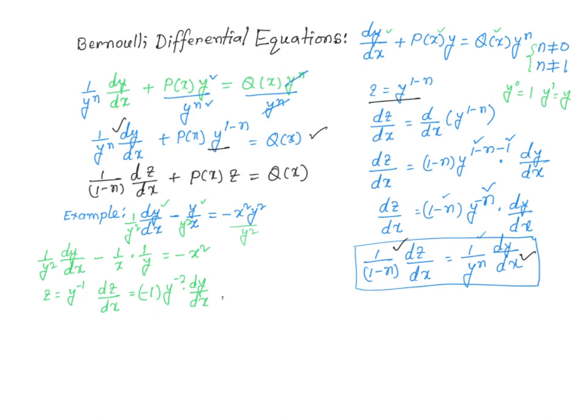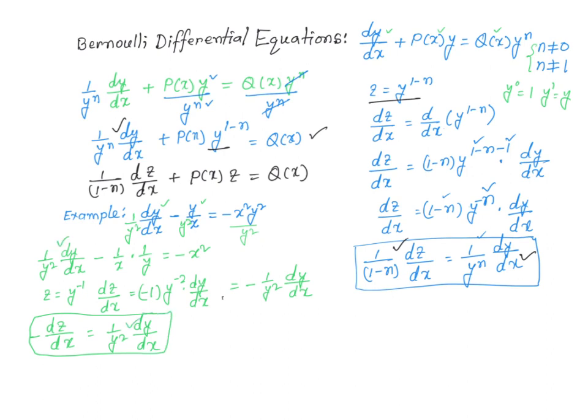If I simplify it further, it's equal to negative 1 over y squared dy/dx. That gives me negative dz/dx is equal to 1 over y squared dy/dx. Now look, this is going to help me do the substitution.